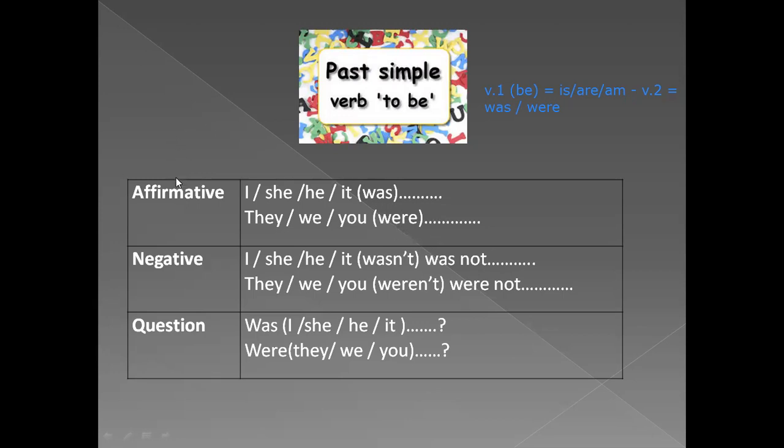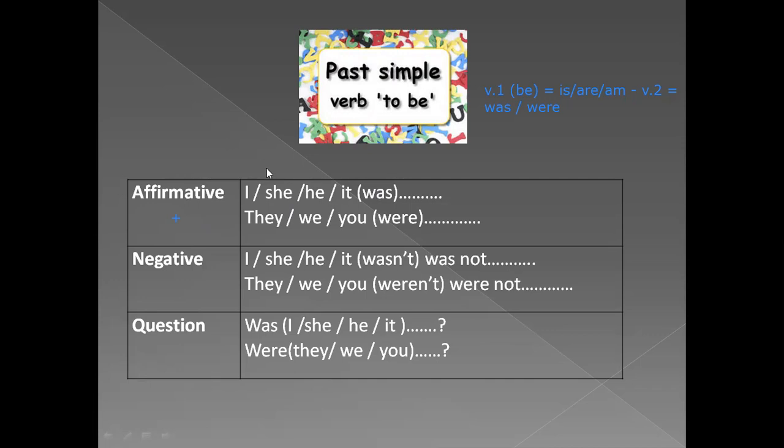So let's move to the affirmative sentence. And what I do mean by the affirmative sentence, let's make it like this one, the positive. Okay, and as we know in English, we always start with the subject, then the verb.